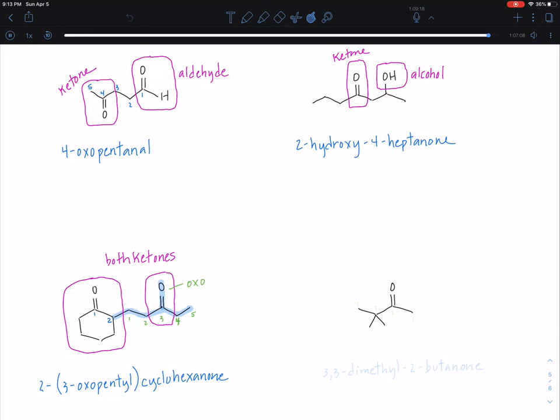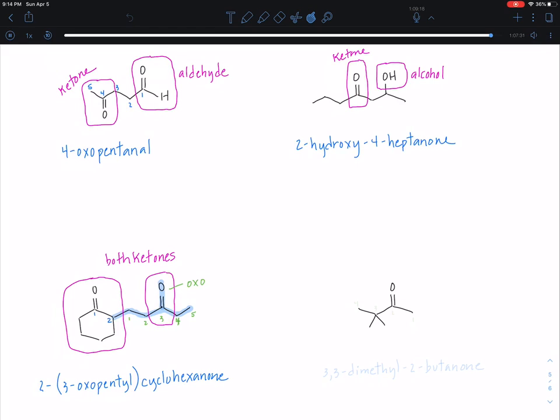Okay, last example. I've got, let's see, just a ketone, and I've got 2 alkyl substituents. Those are near the bottom of the list, right? So we know we're naming this for the ketone. We also know that we're going to give our ketone functionality the lowest possible number. And so this has to be counted from right to left, right?